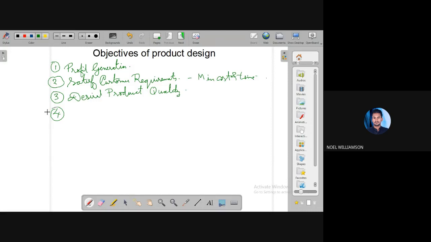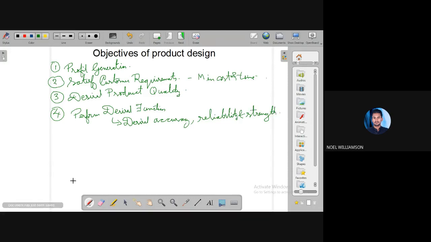This should enable the product to perform the desired function with desired accuracy, reliability, and strength.